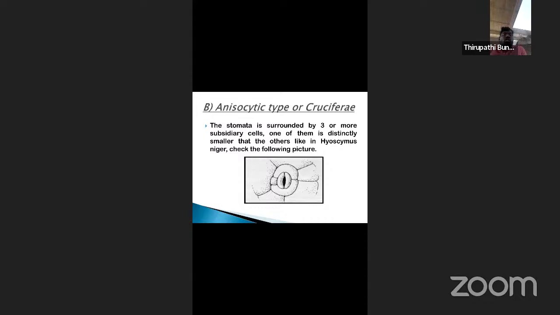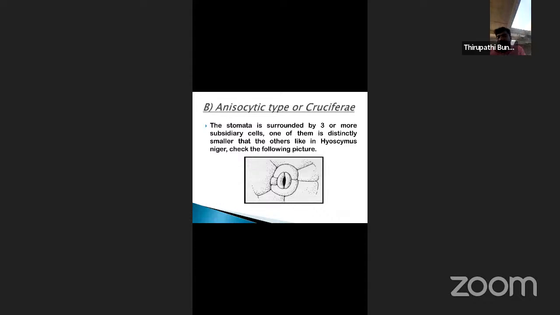We commonly find it in Malvaceae and Brassicaceae family plants.